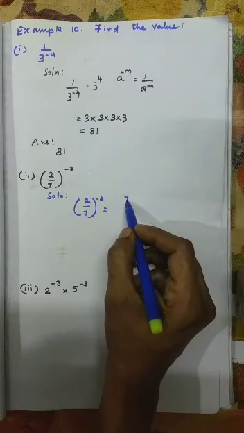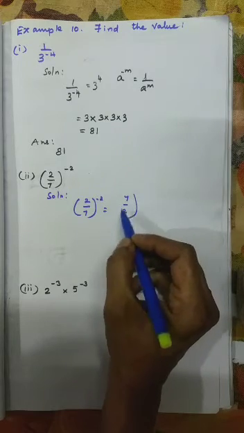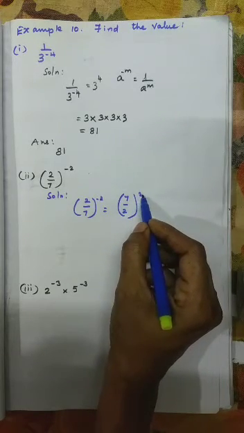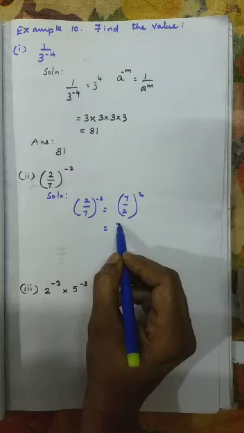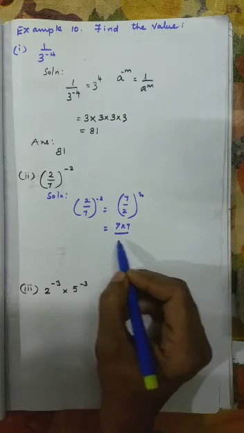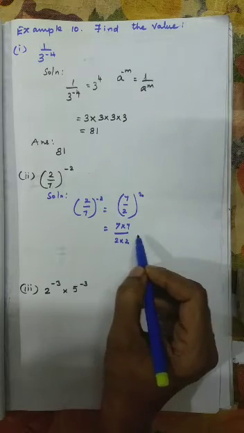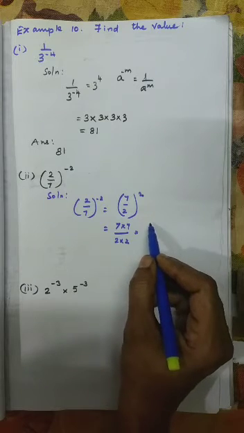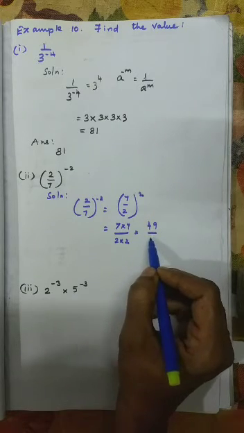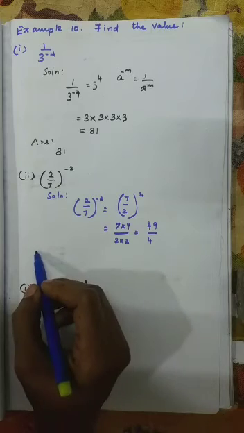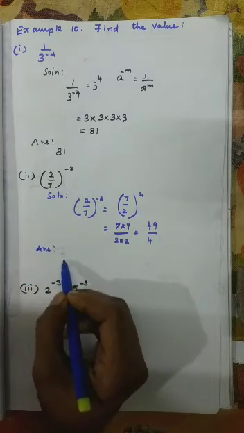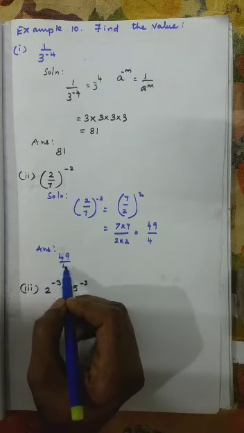So we can write this as 7 by 2 the whole power 2. Okay. Now 7 into 7 by 2 into 2. So 7 7s are 49 by 4. So the answer is 49 by 4.